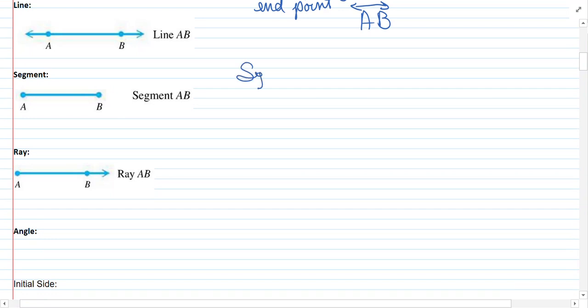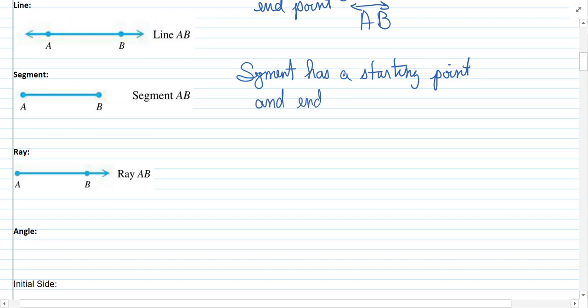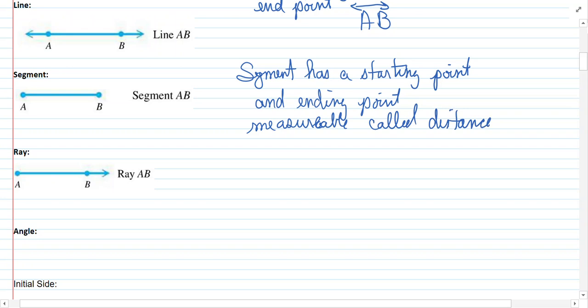A segment has a starting point and an ending point. Therefore, it is measurable. And we use it a lot to create shapes in geometry as well. And that notation is a line over it.